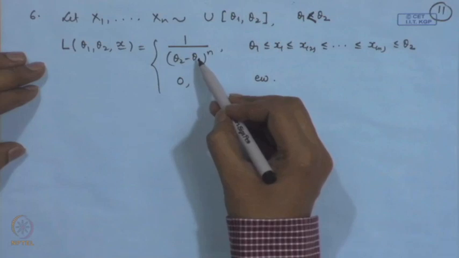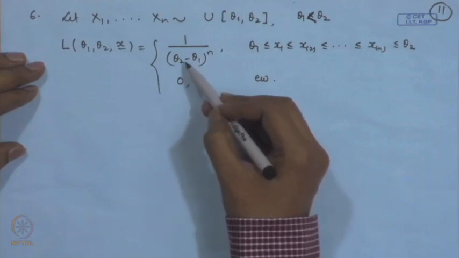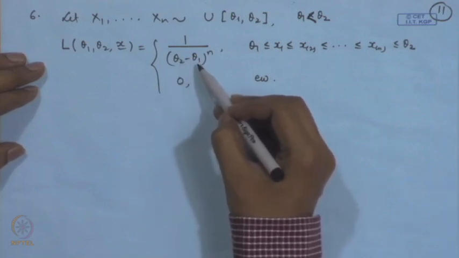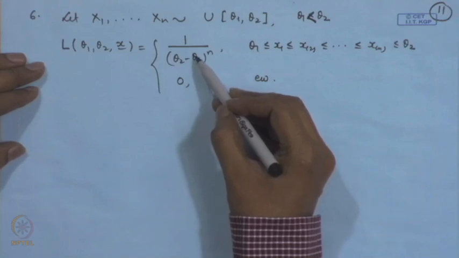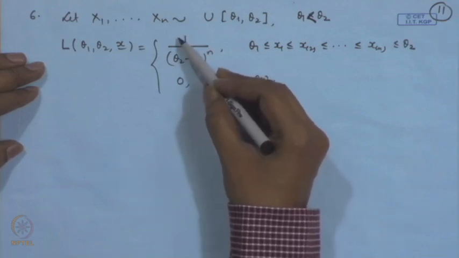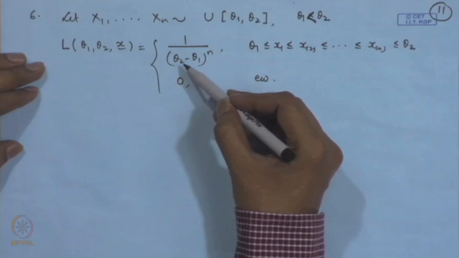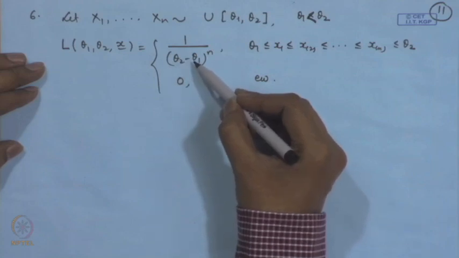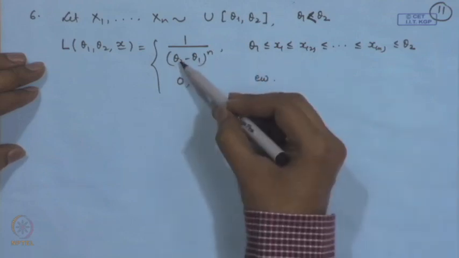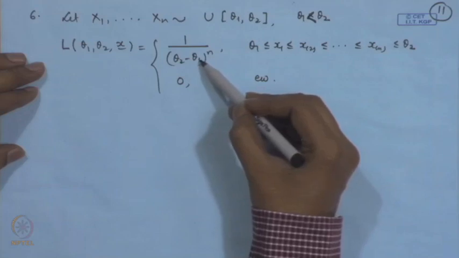Now, you notice the likelihood function here has theta 2 minus theta 1 in the denominator, which is a positive quantity, and we are looking at the maximization. That means, theta 2 minus theta 1 should be minimum. That means, theta 2 should be minimum and theta 1 should be maximum.